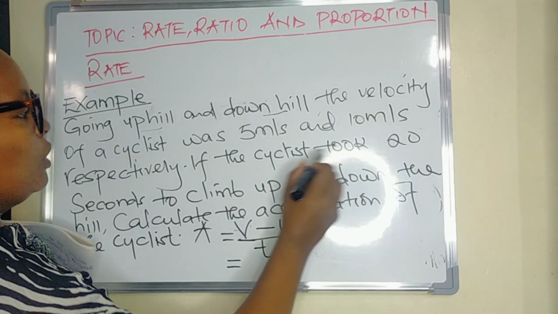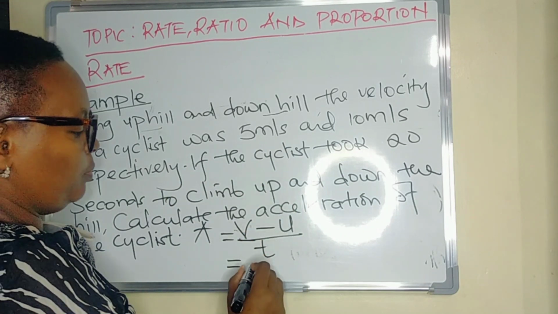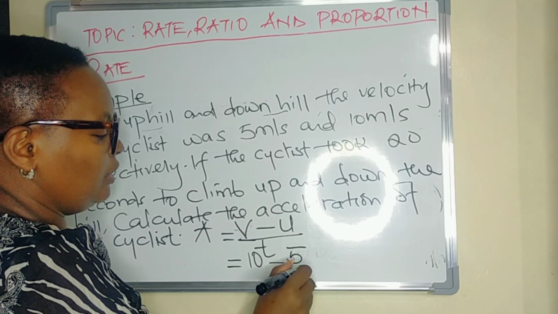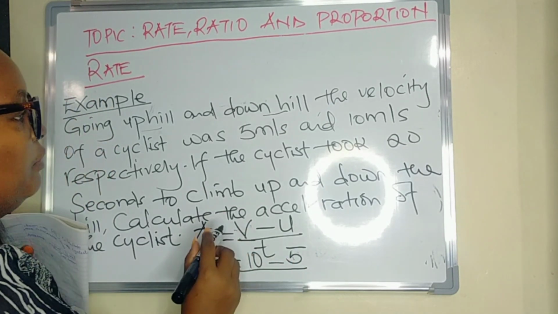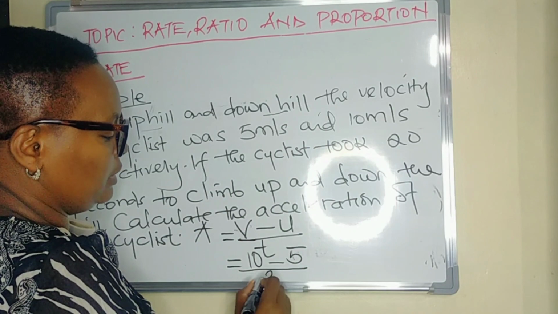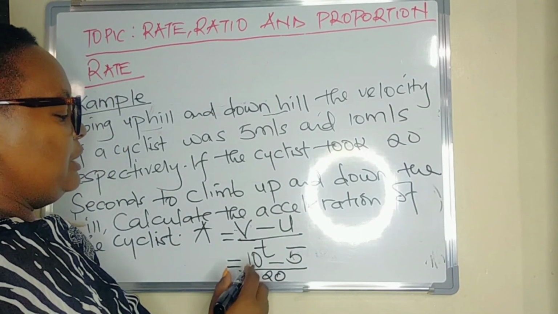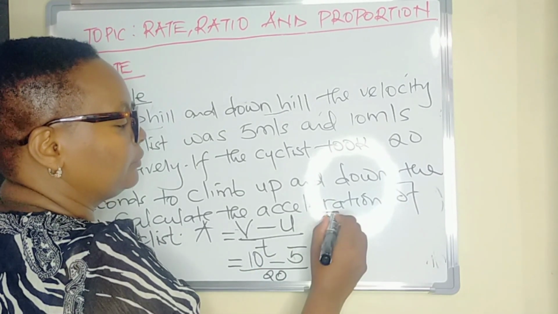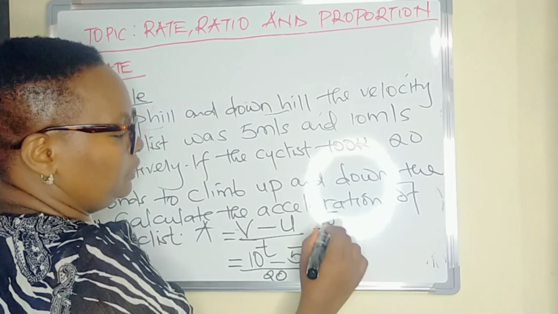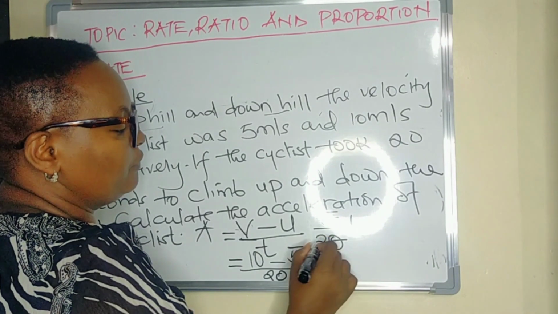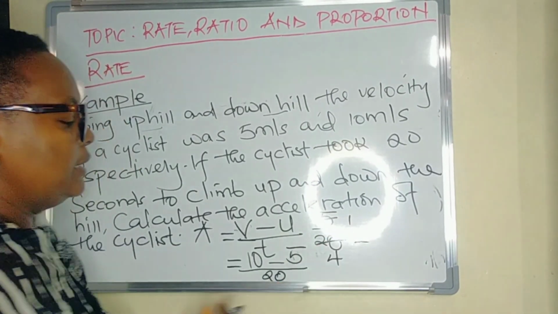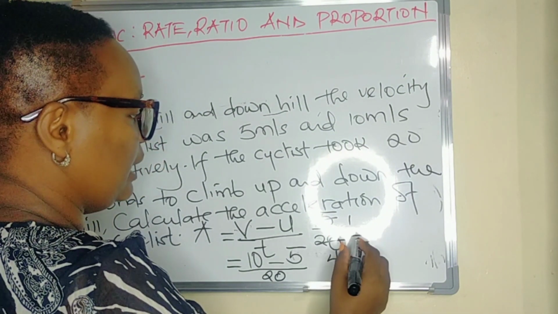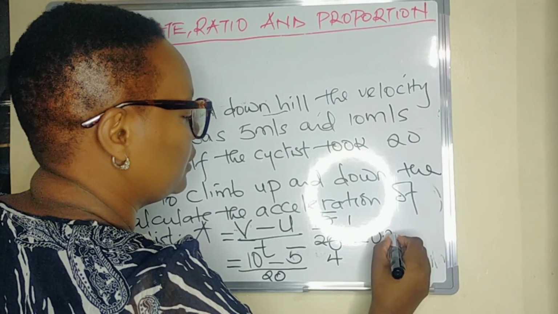So the final was 10 meters per second minus the initial, which was 5 meters per second, and the time it took was 20 seconds. So it's going to be 10 minus 5, which is 5 over 20, which is a quarter, which is 0.25.